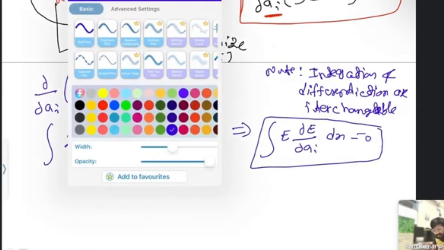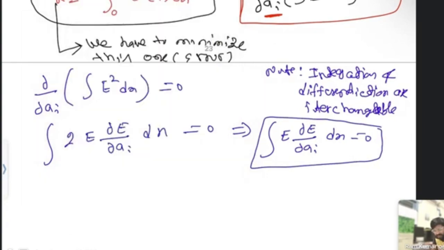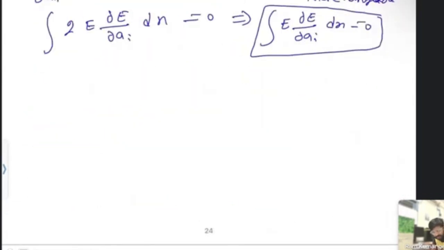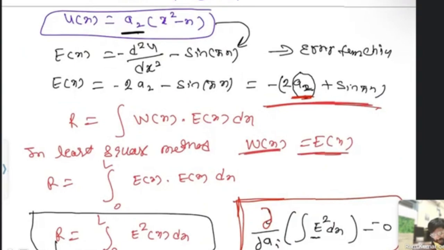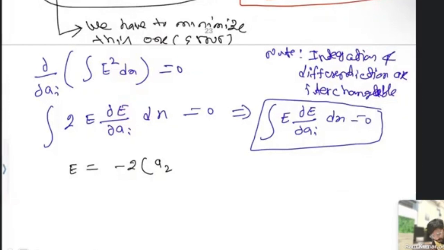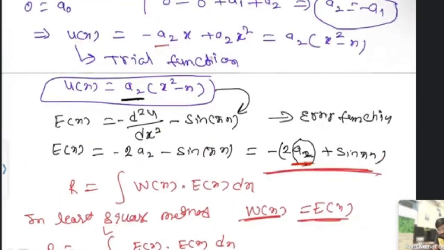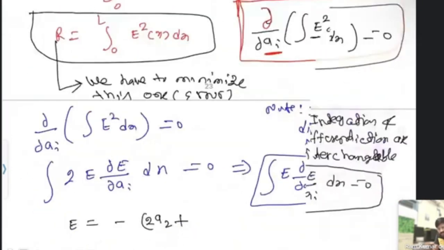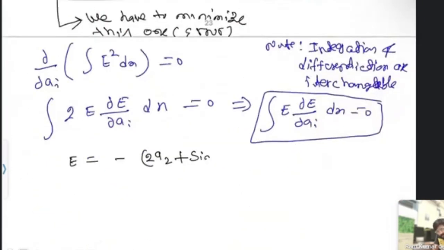And we already have an expression for this one. That's e. We have the expression e equal to minus 2a2 plus sin pi x.